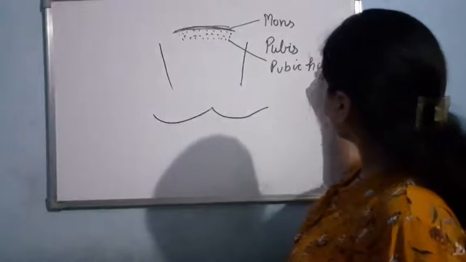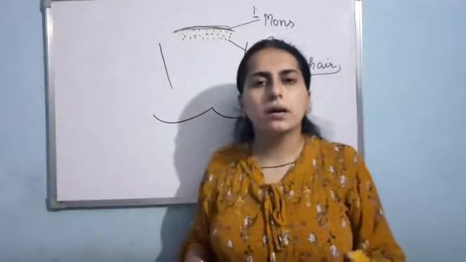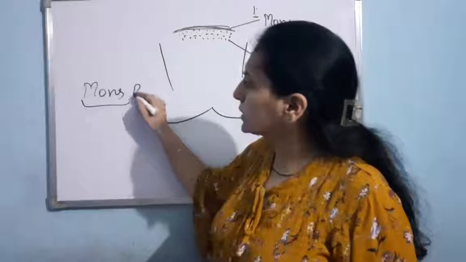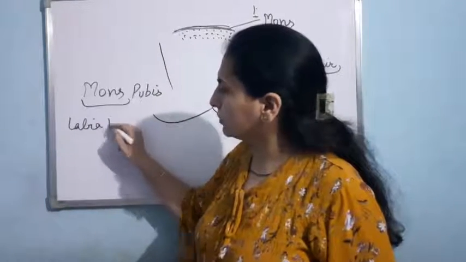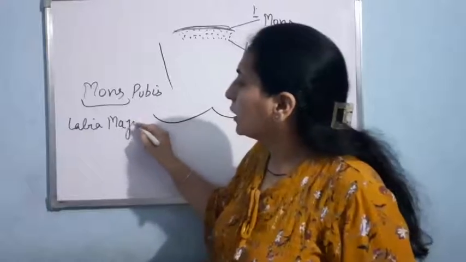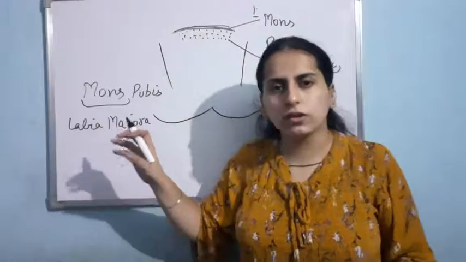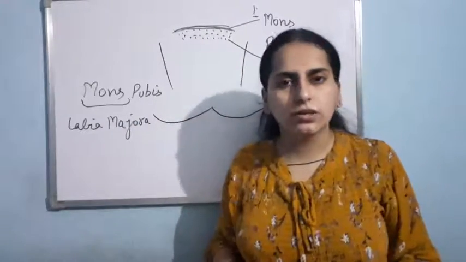Clear? Now, this is the first part. Second part is labia majora. We have discussed the name now. Mons pubis. Second is labia majora. Now, from this mons pubis, from this fatty cushion-like structure, 2 folds will arise. They are also fatty in nature.